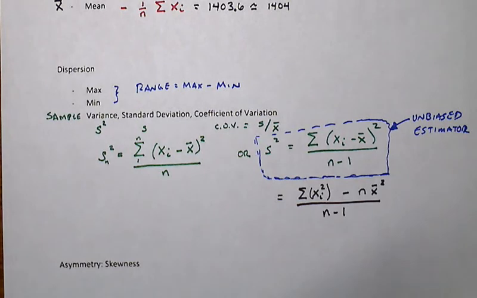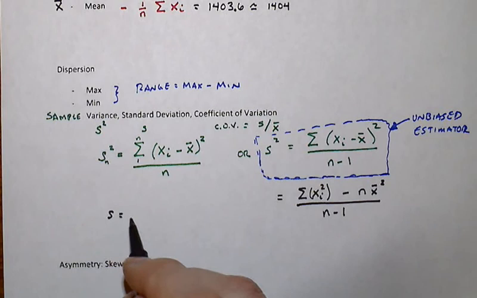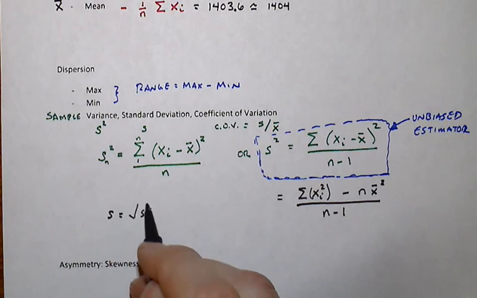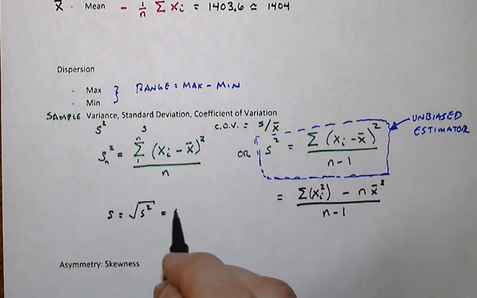Okay, for us, in our particular example with the aluminum test coupon data, our standard deviation is equal to the square root of the sample variance, and that is equal in this case to 402.4.